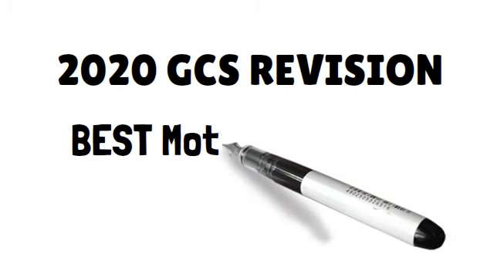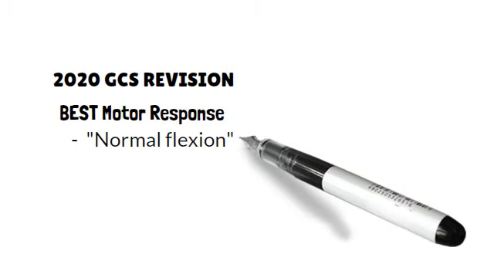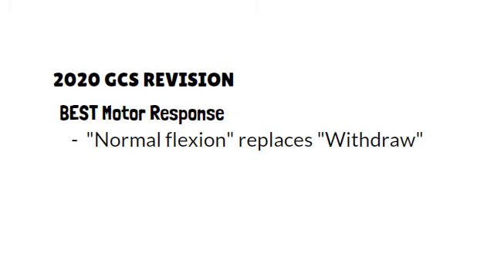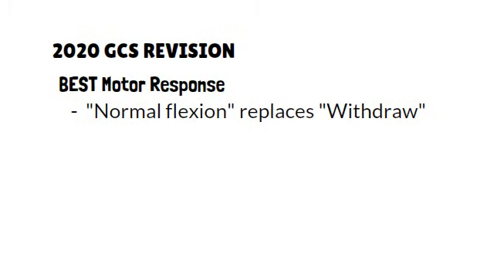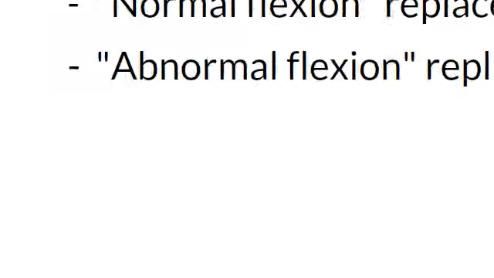After the Glasgow Coma Scale was revised in 2020, some of the terminology has changed. For best motor response, flexion replaces withdrawal. Abnormal flexion replaces flexion.